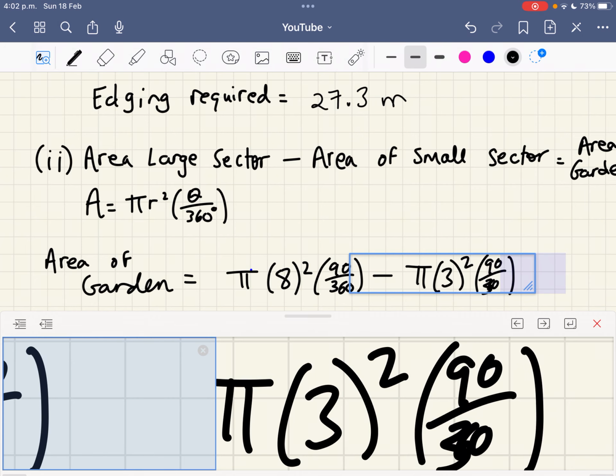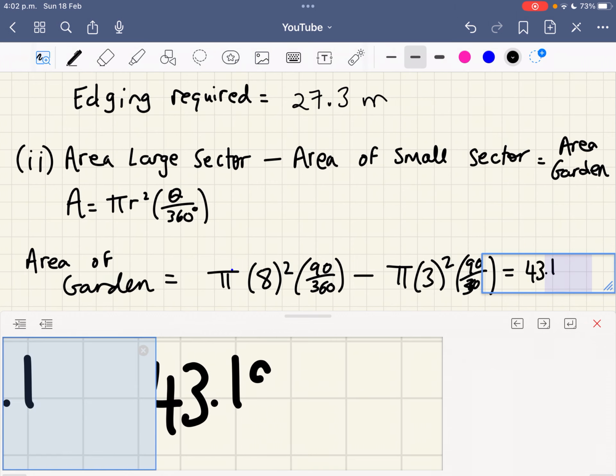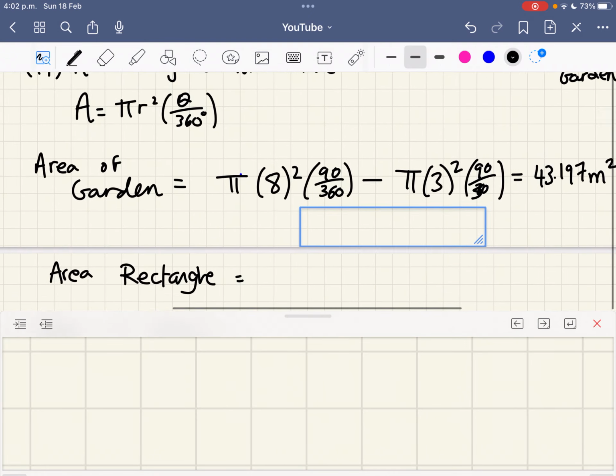And that gives us 43.197 metres squared because we're dealing with area.